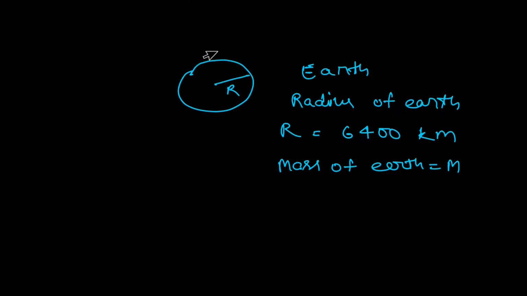So if a body with mass m is lying near the surface of Earth, then the Earth will pull this body towards its center with a force equal to G into mass of Earth into mass of body upon radius of Earth square.